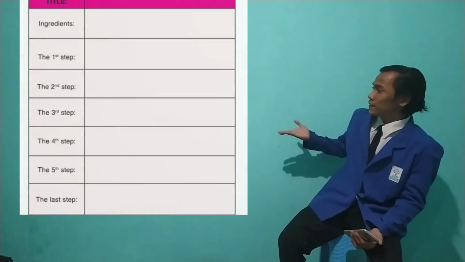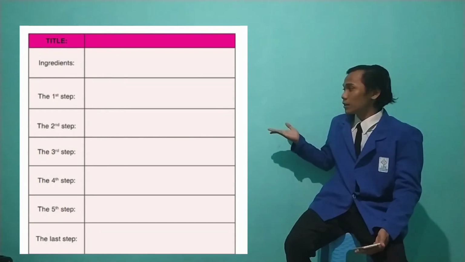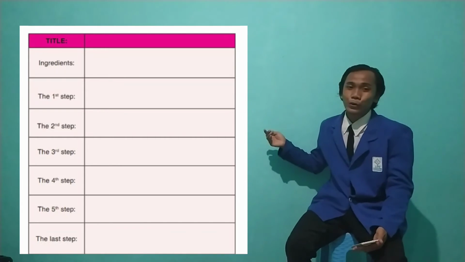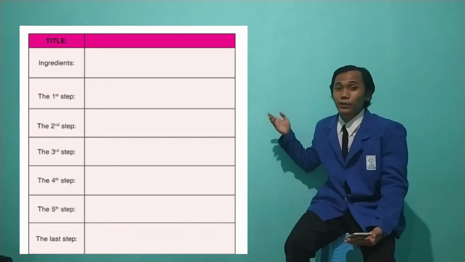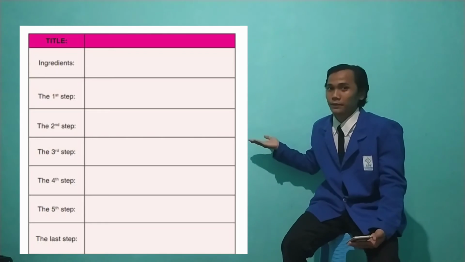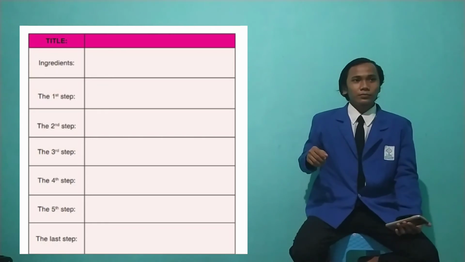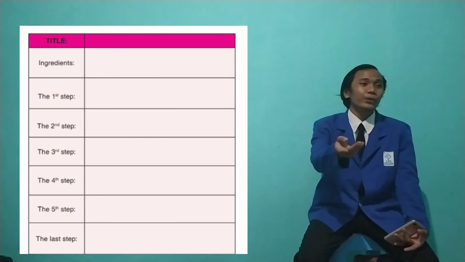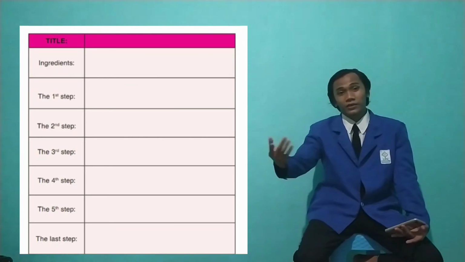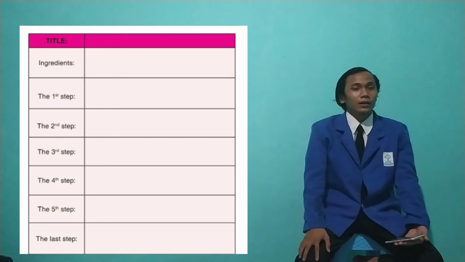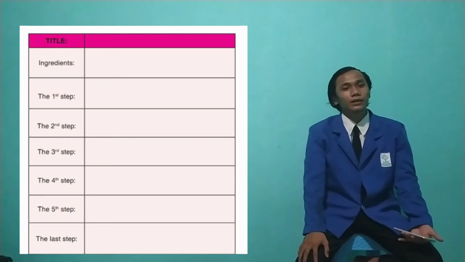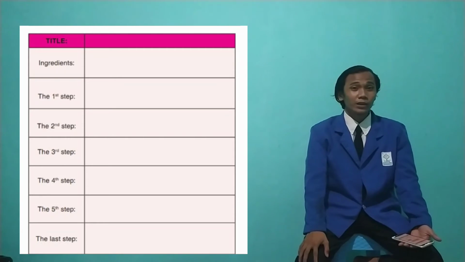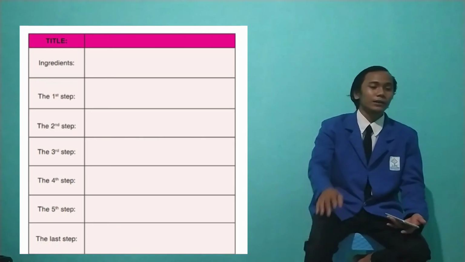And before we conclude our lesson today, this is a sheet that you should fill in at home. This is homework, and you should make one recipe, whatever you want to make, maybe an ice cream, a pizza, or Indomie telur, or another.